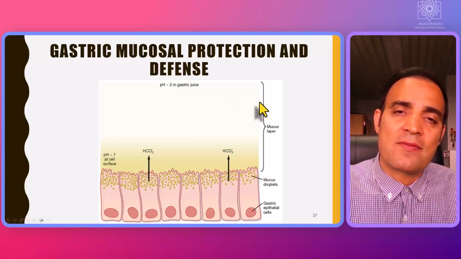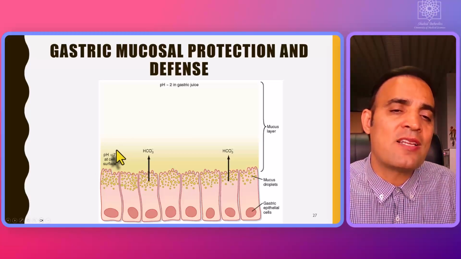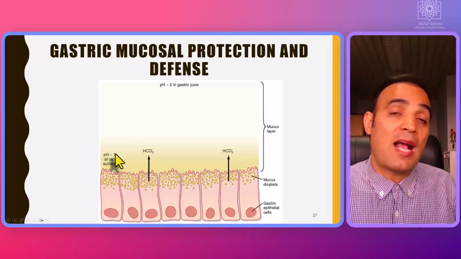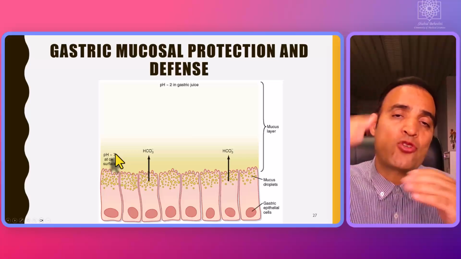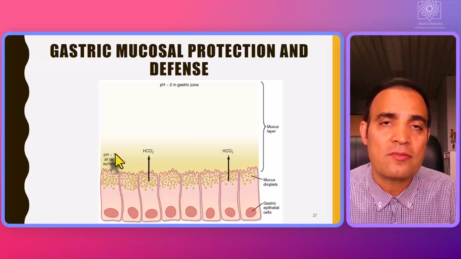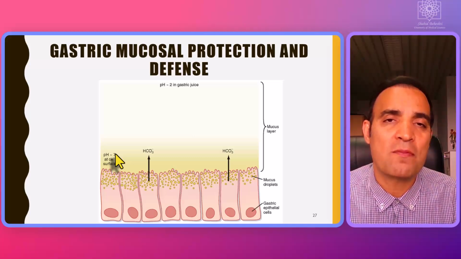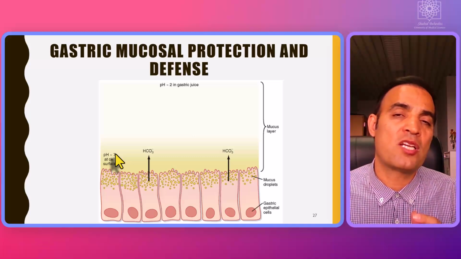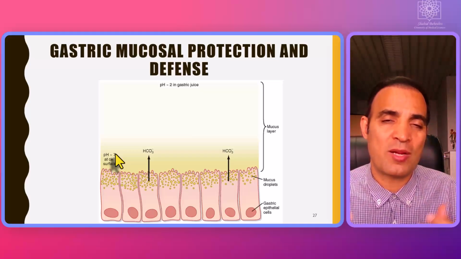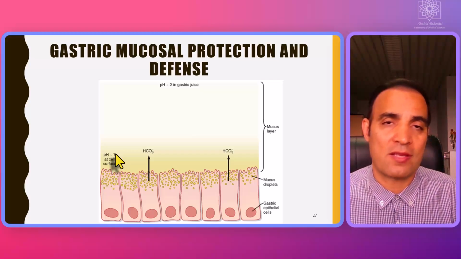Have a look at this. The acid here is pH 2, but when it reaches the surface of the cell, it is 7. This very large gap shows very clearly that this mucous layer protects the stomach cells against stomach content.